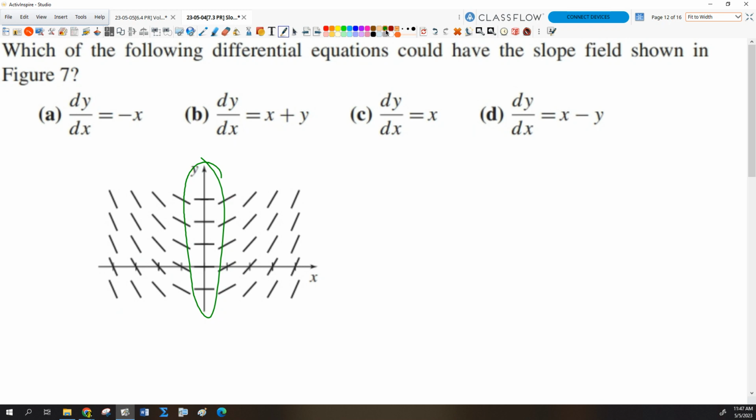So the derivative should only depend on x. So we can immediately cancel those guys out, right? Does that make sense? And then let's see, which one would it be? Well, it's just going to be this, isn't it? Because we need it to be positive to the right and negative to the left. So it's just that. See how that works?